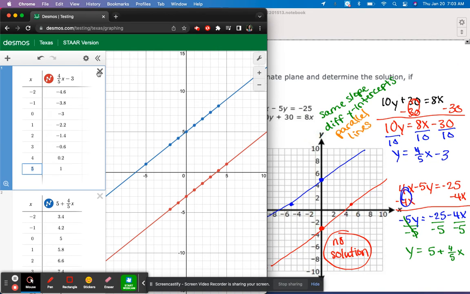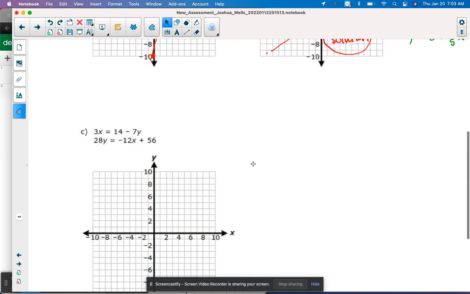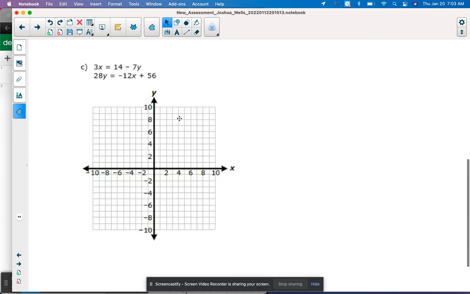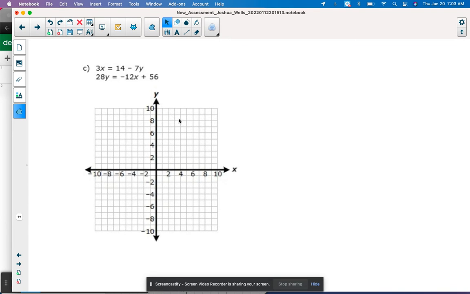Okay. Let's look at the last graph. So the last graph, we don't have to do too much work. For the first equation, I have 3x equals 14 minus 7y.